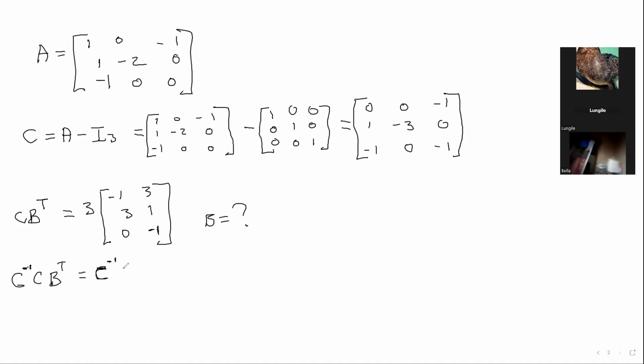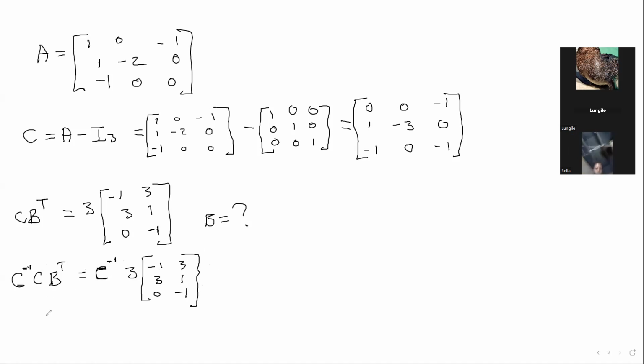And then we have the 3, minus 1, 3, 3, 1, 0, minus 1. Actually, I think that's where the trick is. If you put it this side, it's probably not going to be solvable. I'll show you why.